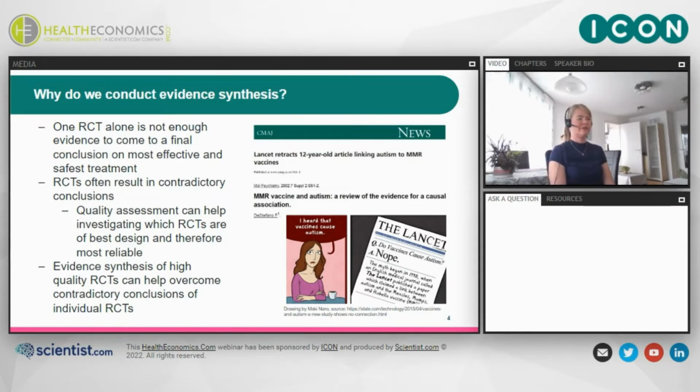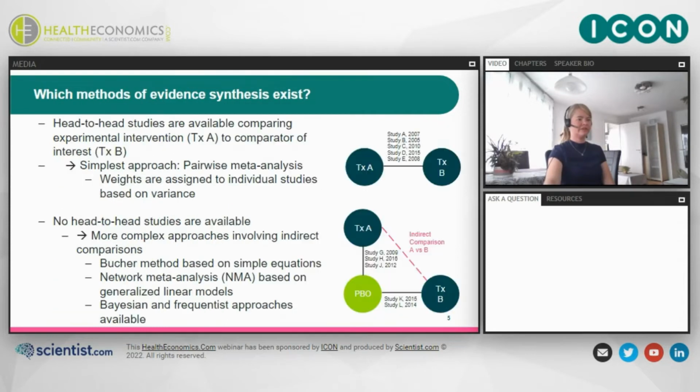So then sometimes we don't know which RCT we can rely on. Basically, a quality assessment can of course help to see if there are major flaws in the RCTs, which is also necessary when we do evidence synthesis, but it mainly helps if we have contradictory findings to then come to a final conclusion. So that is one reason to conduct evidence synthesis.